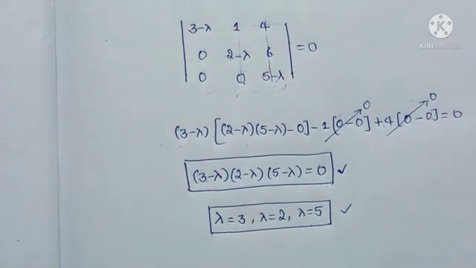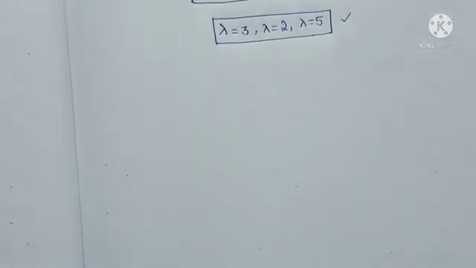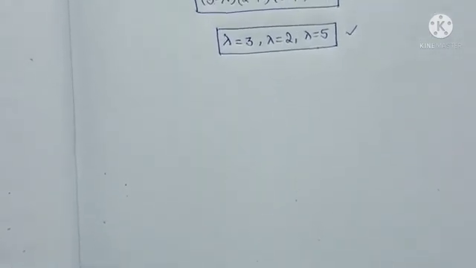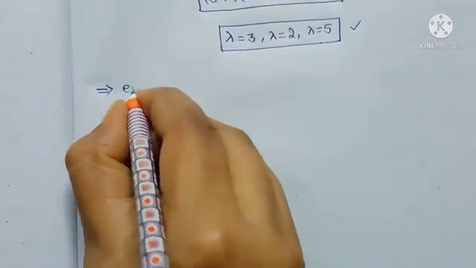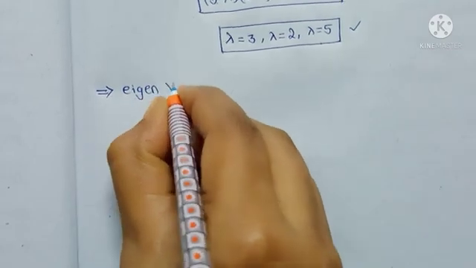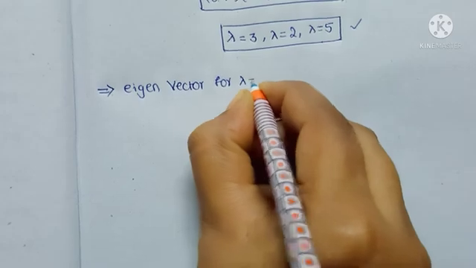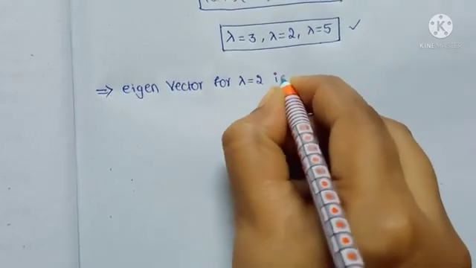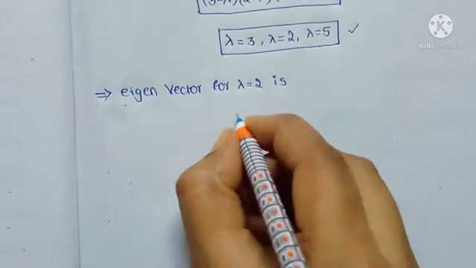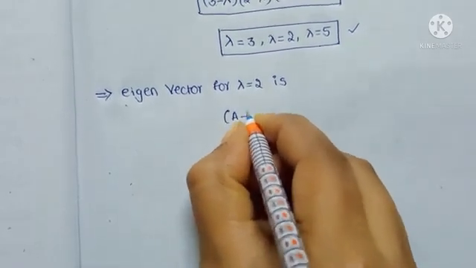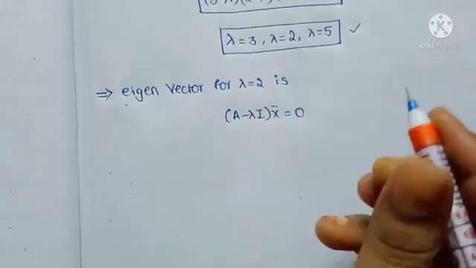And now coming to the eigenvectors, by using these eigenvalues we are finding eigenvectors. Here, eigenvectors for lambda equal to 2: we are using only one equation, A minus lambda I into x bar is equal to 0.